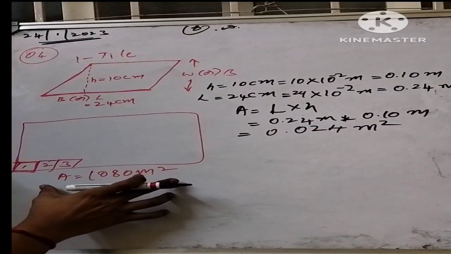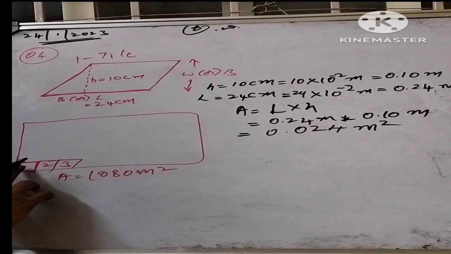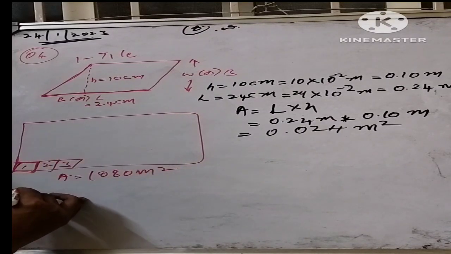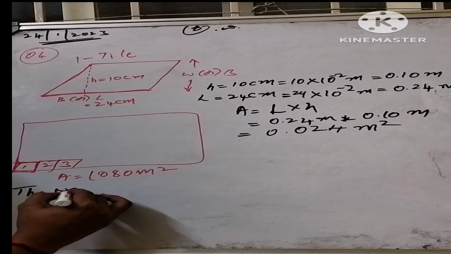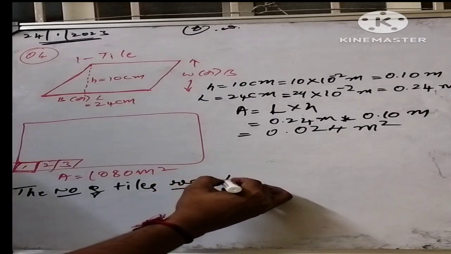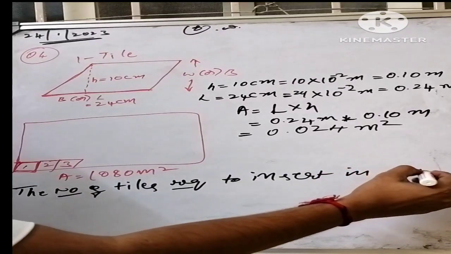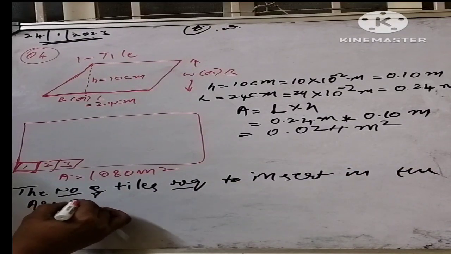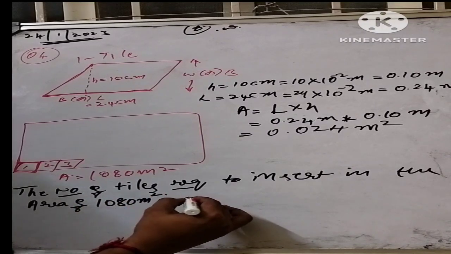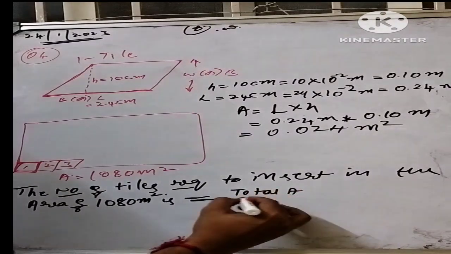They are mentioning the total area of the floor as 1080 meter square. So I have to find the total number of tiles required to insert in the total area of the floor. So the number of tiles required to insert in the area of 1080 meter square is equal to the total area divided by the single tile area.